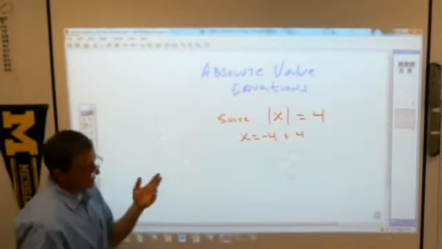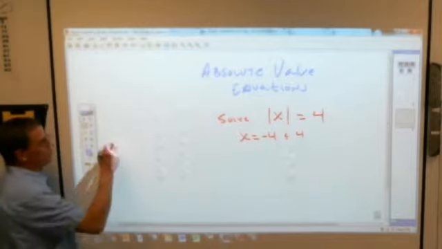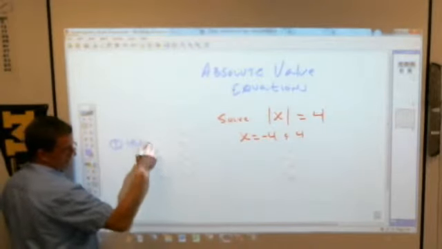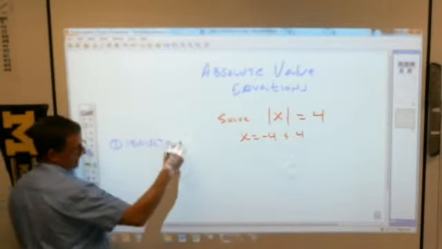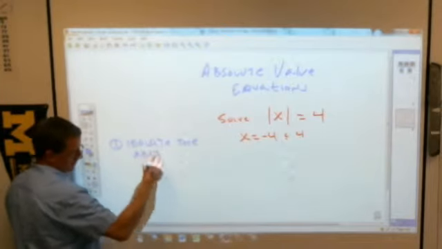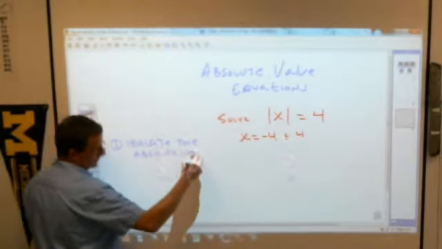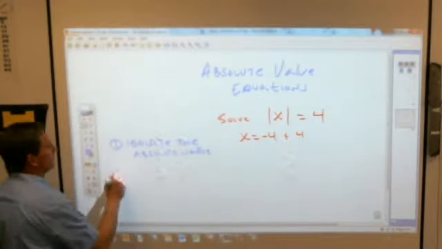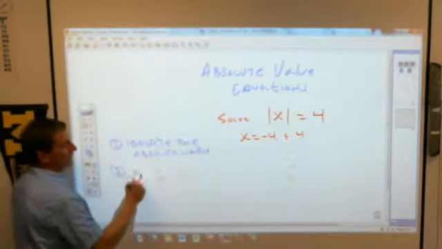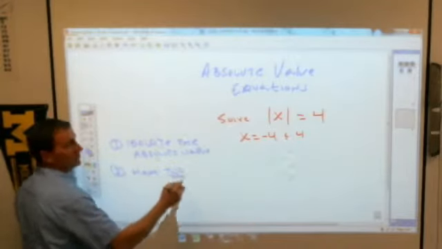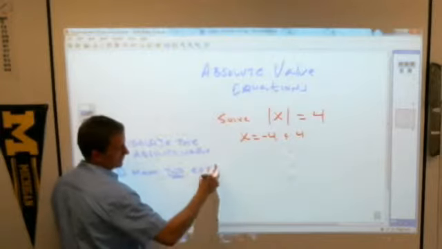It's not always going to be, but here's what you need to do. Step number 1 is you need to isolate the absolute value sign. You have to isolate the absolute value sign. And then number 2, you have to make 2, I repeat, not 1, but 2 equations.